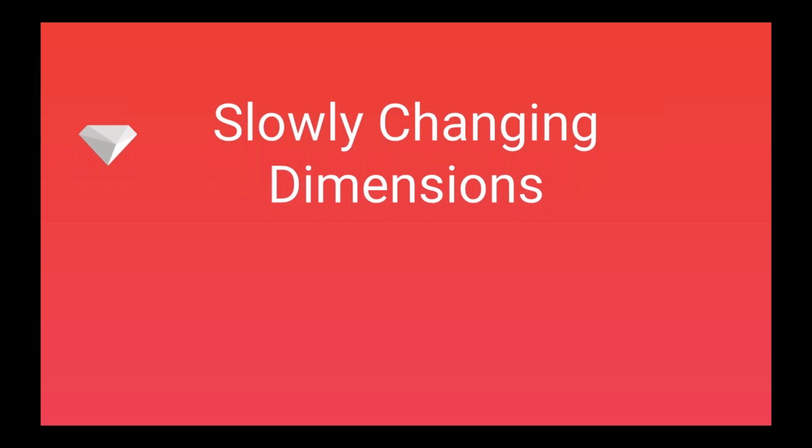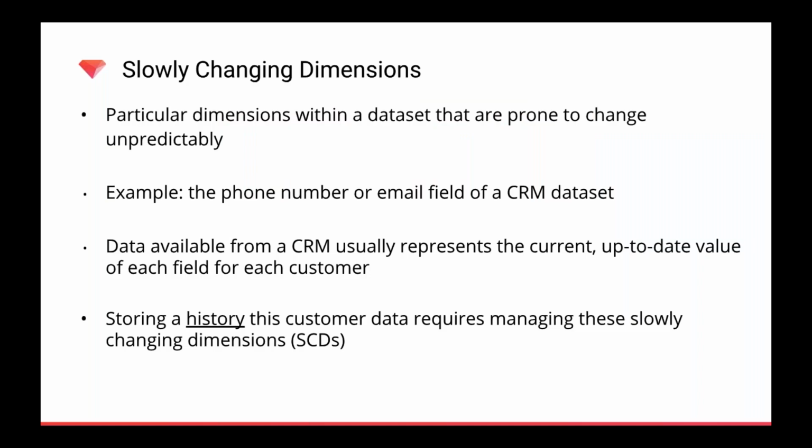So slowly changing dimensions is really just a fancy term for when a dimension column in a data set is prone to change unpredictably. You could think of a CRM data set that keeps track of customers where occasionally but rarely a customer will change their phone number or change their email or address.